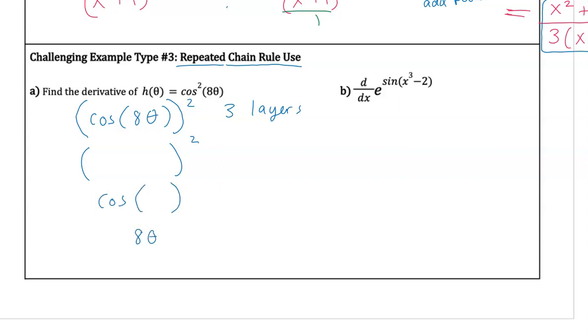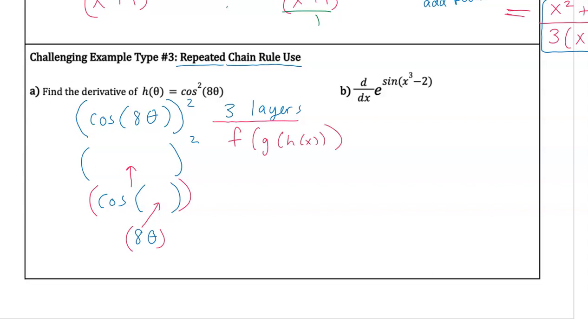And then you open that one and then there's another one inside, and so on and so forth. So the 8 theta was plugged into cosine, and then all of that was plugged into a squaring function. So this technically is a function composed with 2 other functions. It's like an f of g of h type of situation.